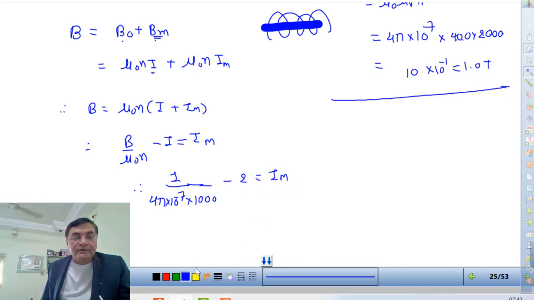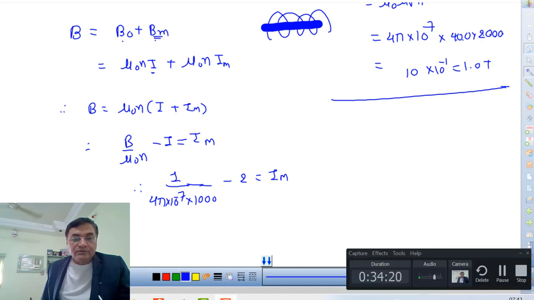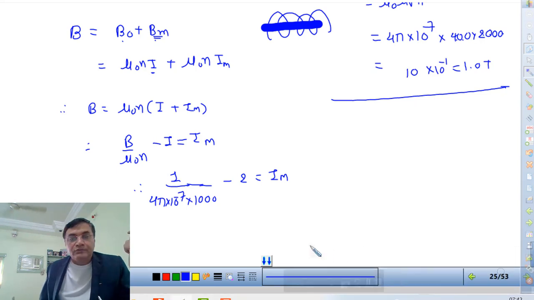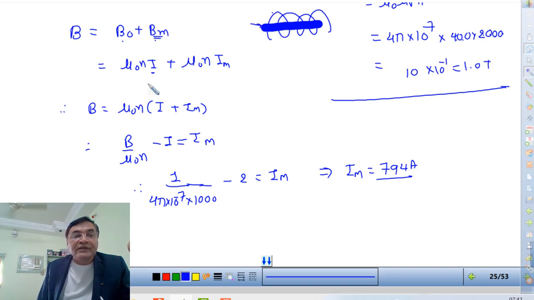You have to simplify this, minus 4 divided by whatever. You can do the calculation with your calculator or by hand. So this comes out to be 794 ampere. This much current flows in the material, and 2 ampere in the solenoid, and then you get the magnetic field of 1 Tesla here.